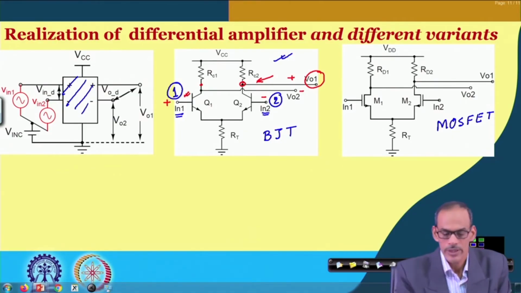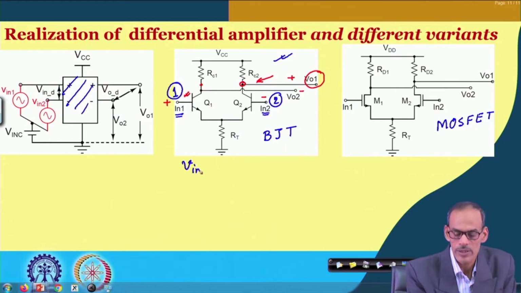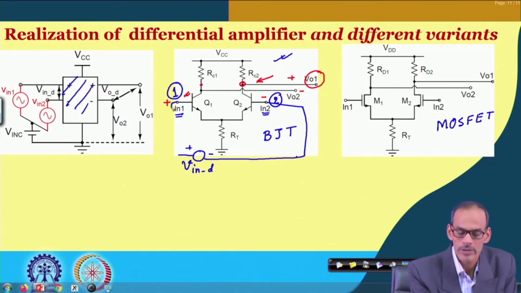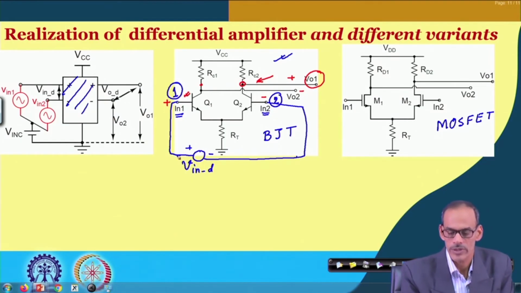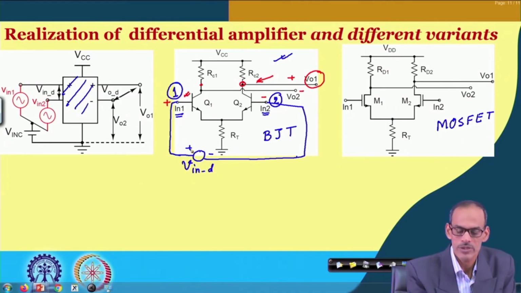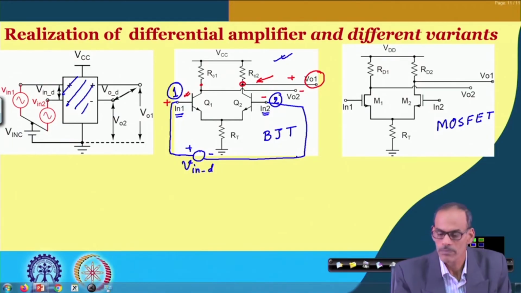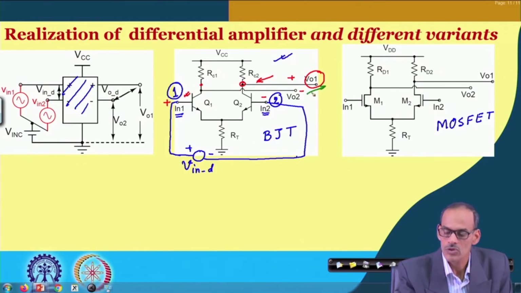Or we may say that if I am applying V in D, having positive side here and negative side here, so negative side at terminal 2 and positive side at terminal 1, then whatever voltage we observe at the output, this is plus and this is minus, and we call this the differential output.